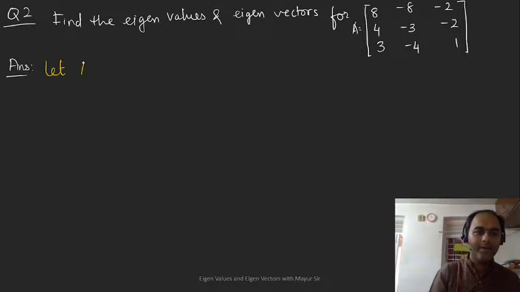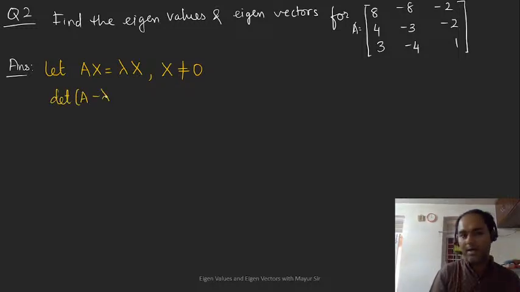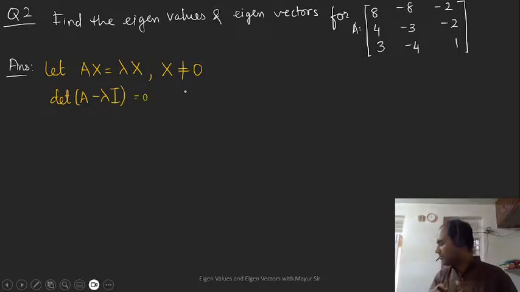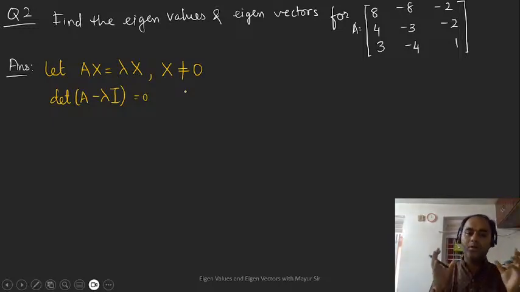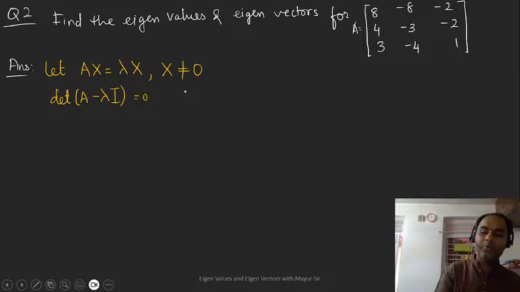let Ax equal to lambda x, x not equal to 0, determinant of A minus lambda I equals 0. This is the most standard step. Okay, you have to write this in all the examples, all the questions, whenever they ask for the eigenvalue eigenvector step, you must write this step, because this will keep you tied to the concept that the eigenvector is not equal to 0.